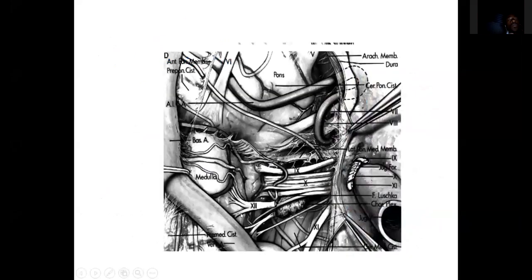So here we have an image that depicts a bit the medullary system. Here, laterally, we have the cerebello-medullary system, as it is opened here, with the rootlets of the glossopharyngeal, the vagus nerve, and the accessory nerve below.